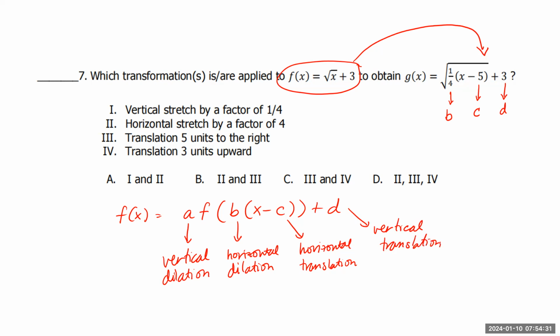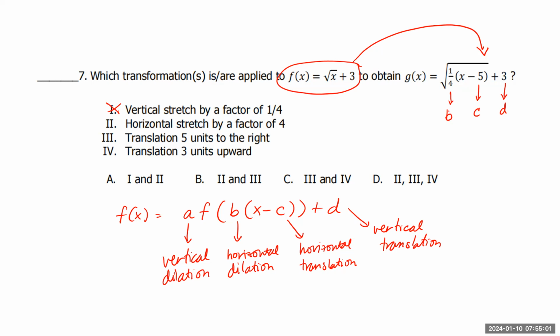So what we have here are horizontal dilation, horizontal translation, and vertical translation. The first statement, vertical stretch: do we have a vertical stretch? None. So this is not true. Second statement, horizontal stretch by a factor of 4, yes.